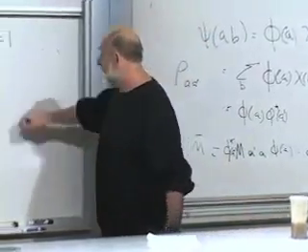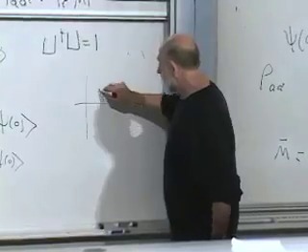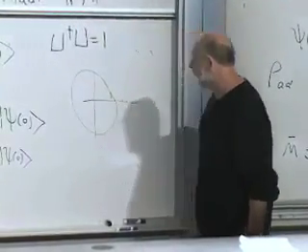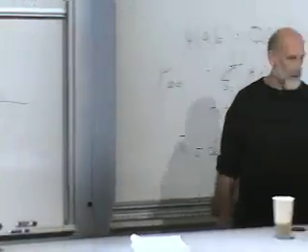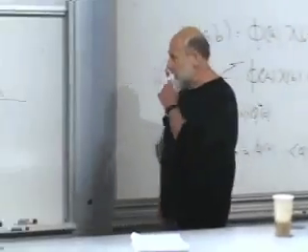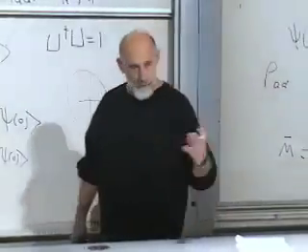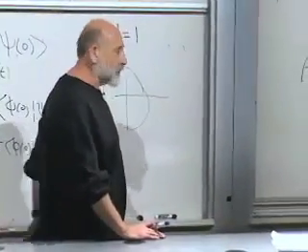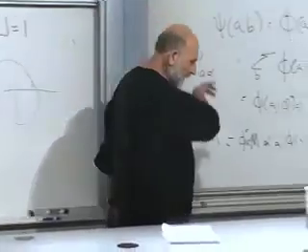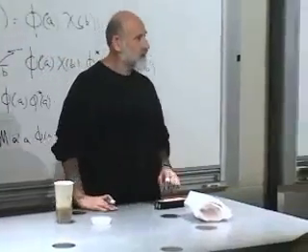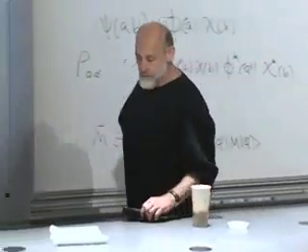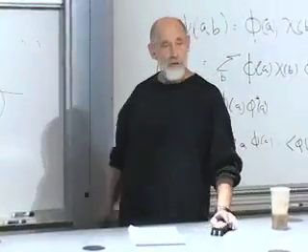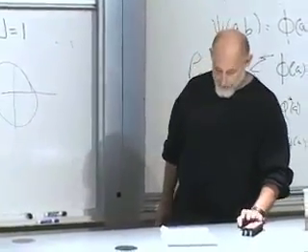On the complex plane, it's on the unit circle, unit in length. Matrices with this property are called unitary. So one would say that the time evolution of quantum systems is governed by unitary operators which depend on time.